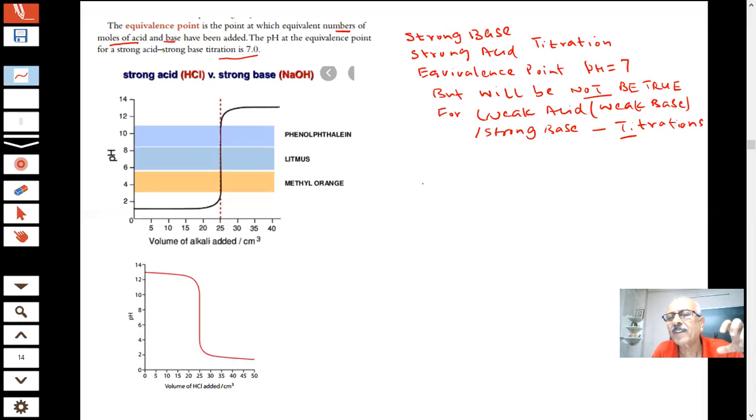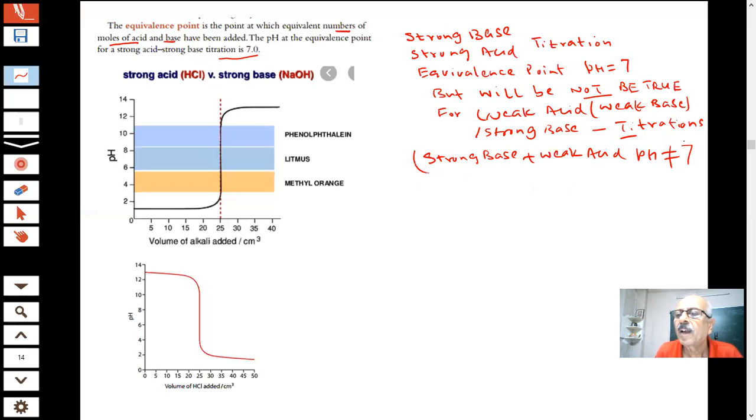If I have a strong base and weak acid, then pH will not be 7. We'll see what happens, because it depends on what type of salt will be formed.